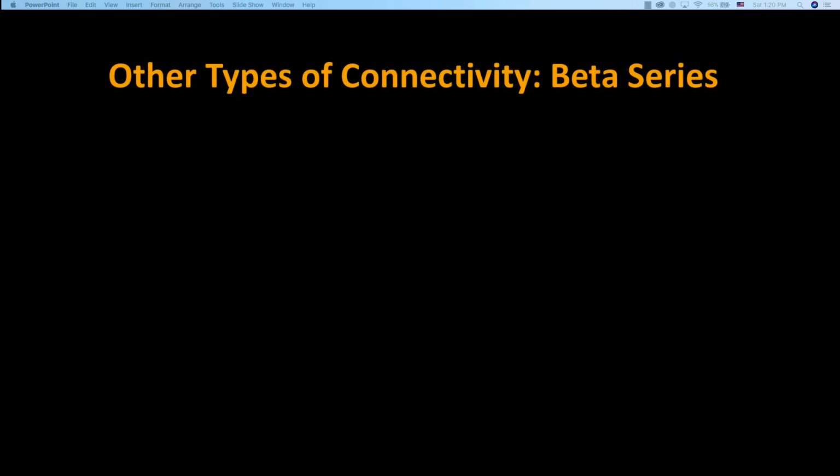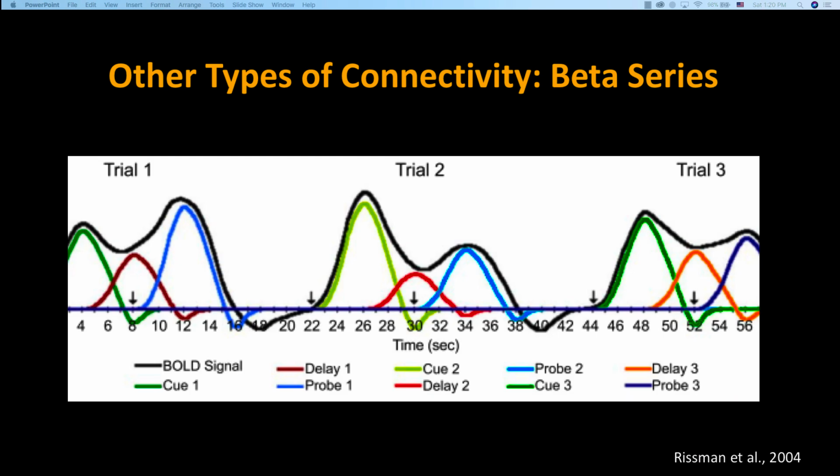A few words just about other connectivity type analyses. PPI is a big one, but beta series, I haven't seen this done too often these days. It was pretty big back in the late 2000s, early 2010s. And you can do this as part of what's called a task-based functional connectivity analysis, right?